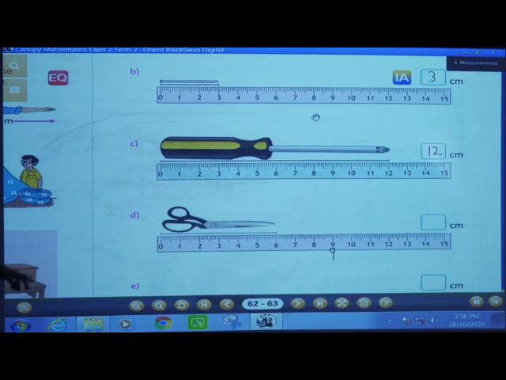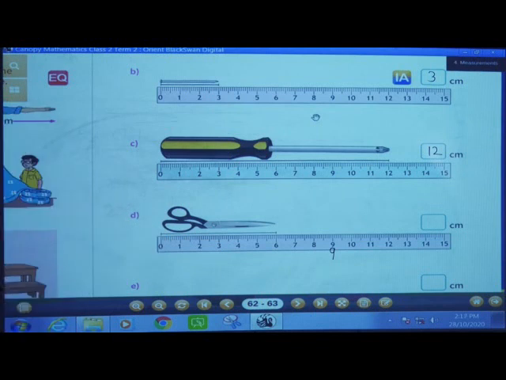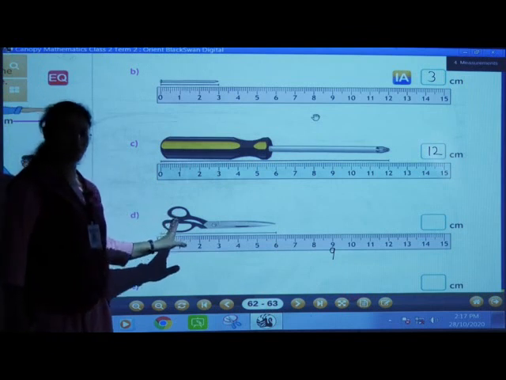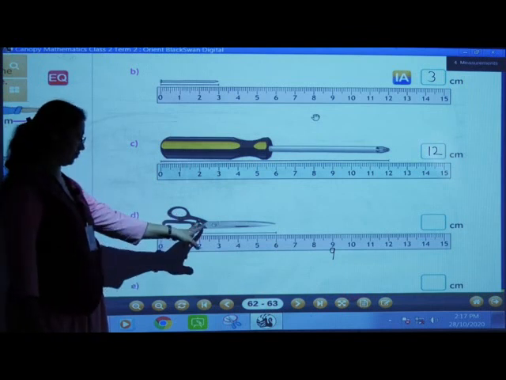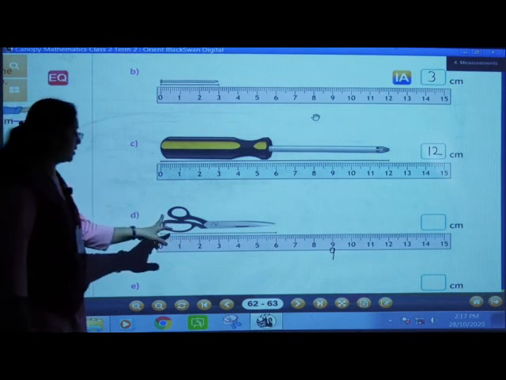Now D, we have to measure the length of this object. What is this? This is a scissor.